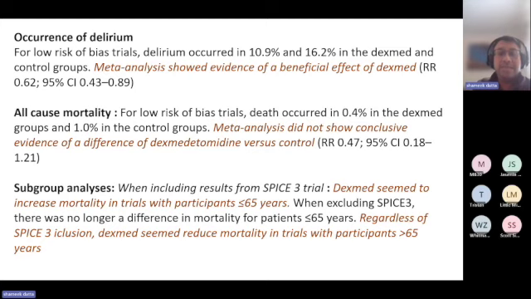But when they decided to exclude the ones that were included in the SPICE-3 trial, it shows that there was no difference in mortality in patients less than 65 years. And when they did the same calculation for patients more than 65 years, even when SPICE-3 trials were included, Dexmed seemed to reduce the mortality.